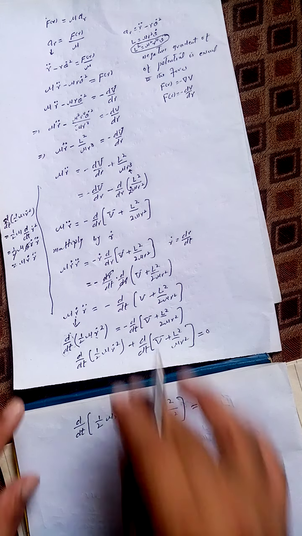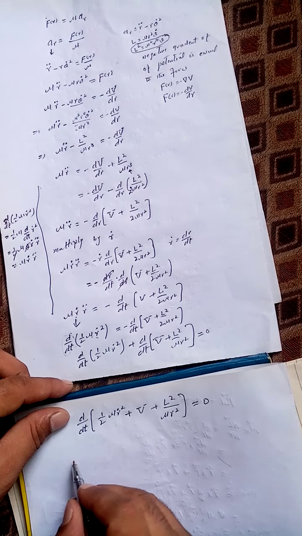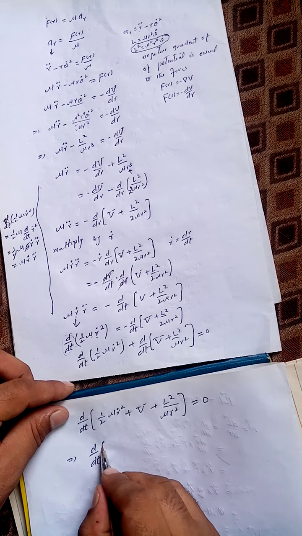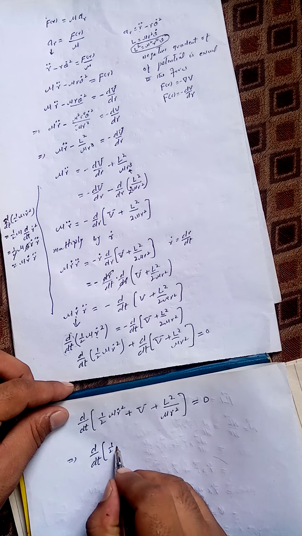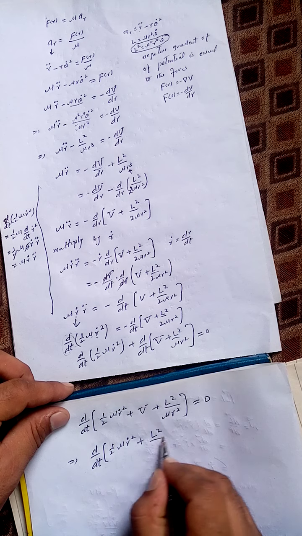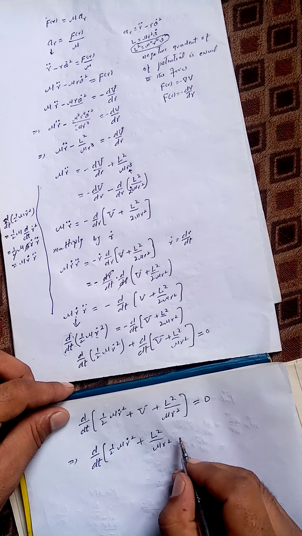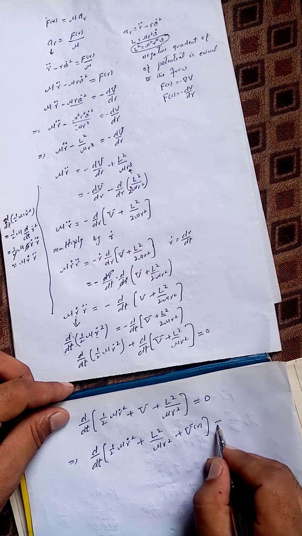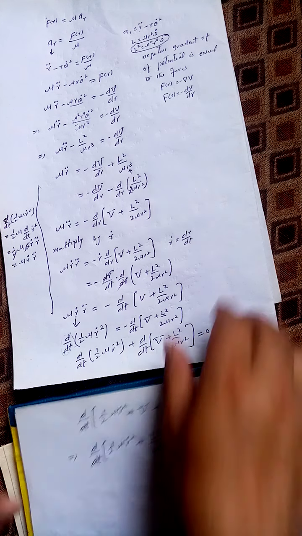So we can write this in this form. This implies that d over dt of 1 over 2 mu R dot square plus L square over 2 mu R square plus V of R is equal to 0.